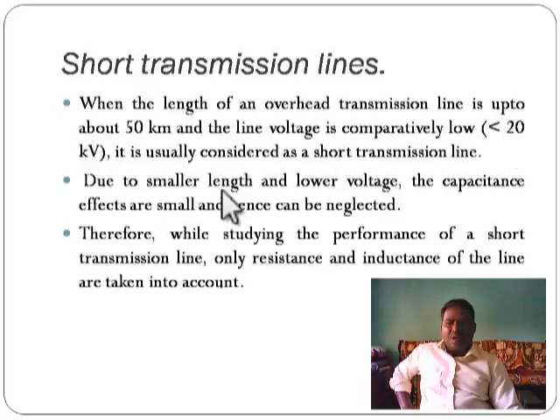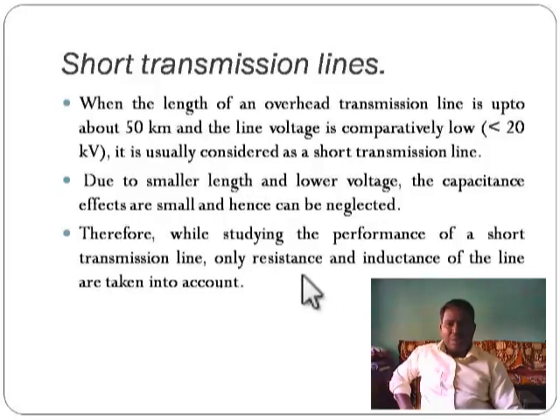Due to the smaller length, within 50 kilometers, and the lower voltage, less than 20 kV, the capacitance effects are very small in this kind of transmission line. So we may neglect the capacitance effect. Therefore, while studying the performance of the line, only the resistance and inductance of the line are taken into account.